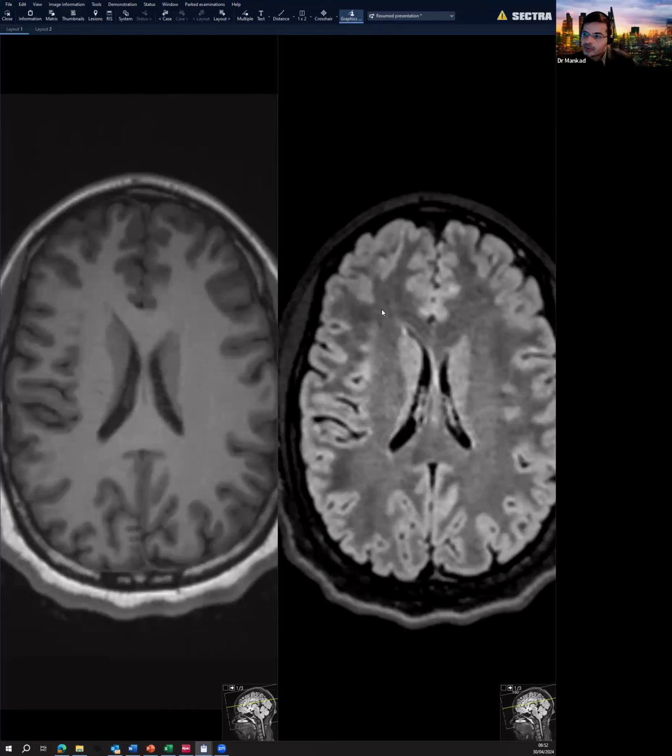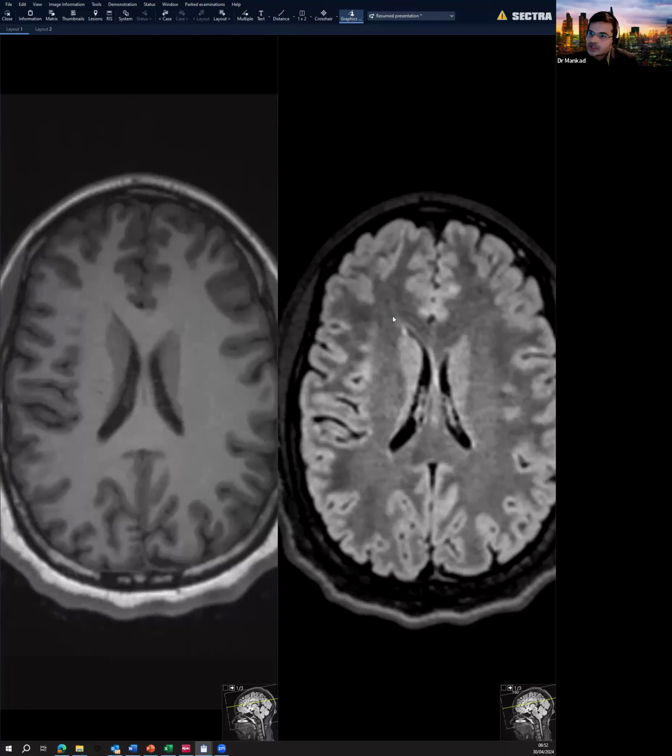But on the flare sequence, the gray matter structures are bright compared to the white matter. On the T1, the white matter is bright. So white matter is bright on T1, white matter is dark on flare.